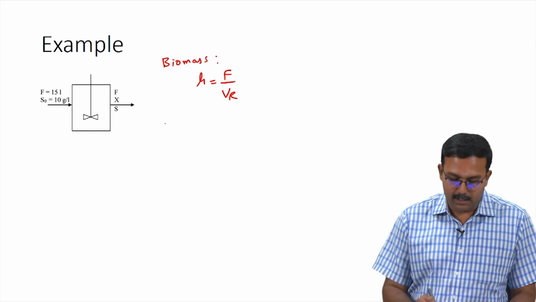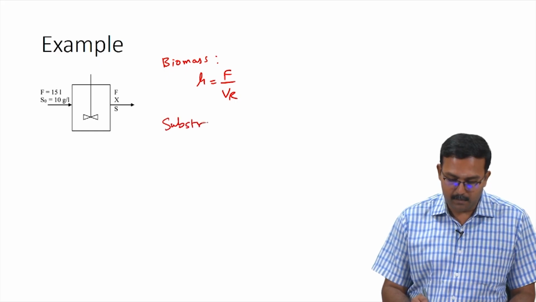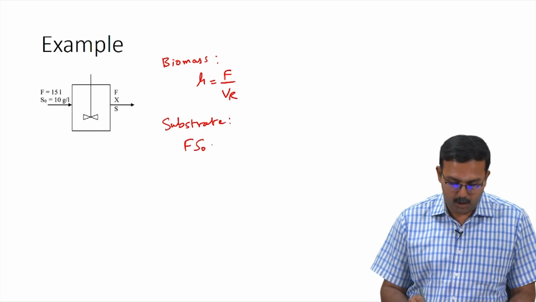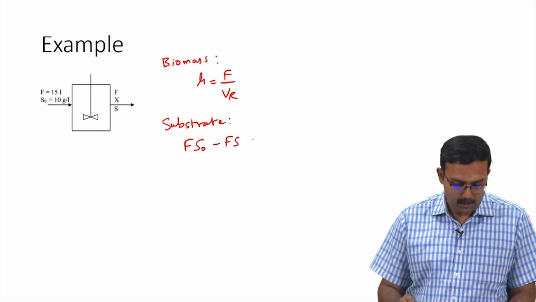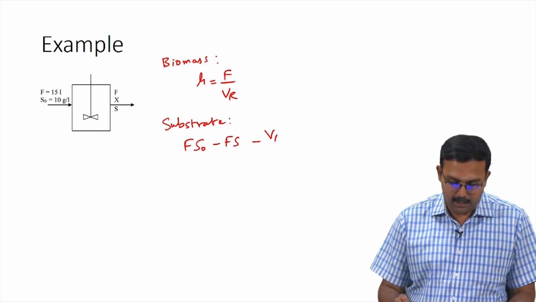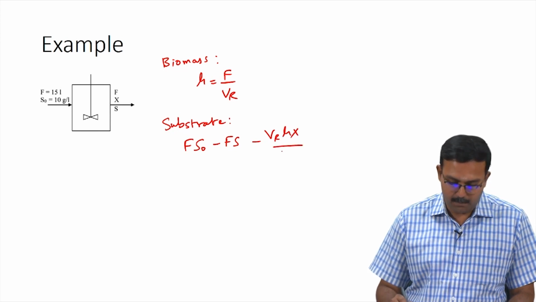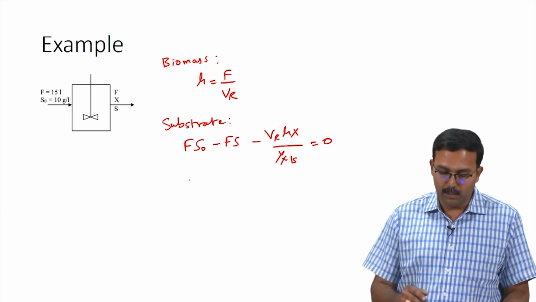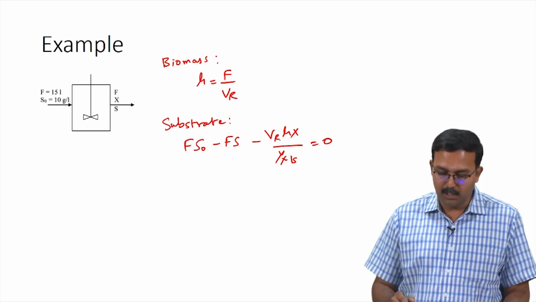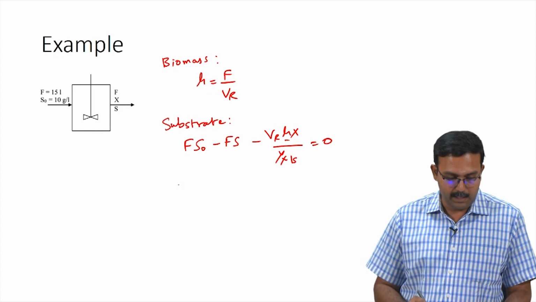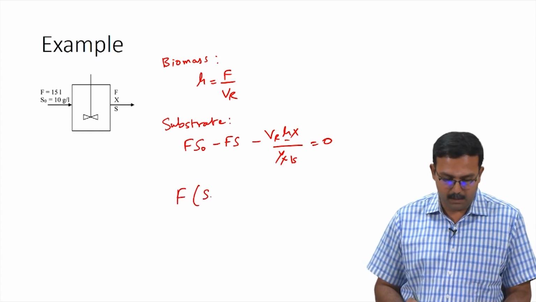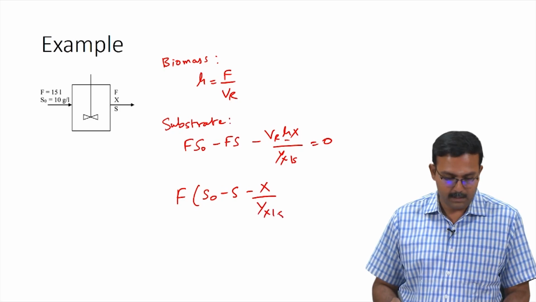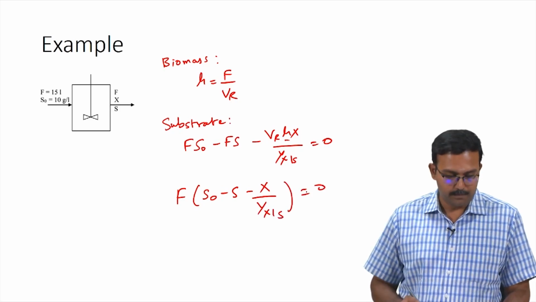We can also write the substrate balance as we got earlier: Fs naught minus Fs minus Vr mu x divided by Yxs equals 0. As we know that mu equals F by Vr, we can substitute the value for mu here and we end up with F times S naught minus S minus x divided by Yxs equals 0.